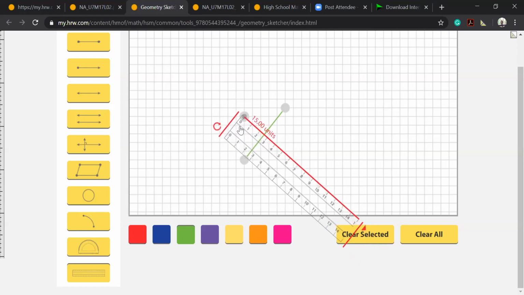But I was here. Okay, let's draw a line first. I need to find 2.8 on the other side, right? I'm trying to find 2.8 on the other side and draw a line. So let's measure 2.8.